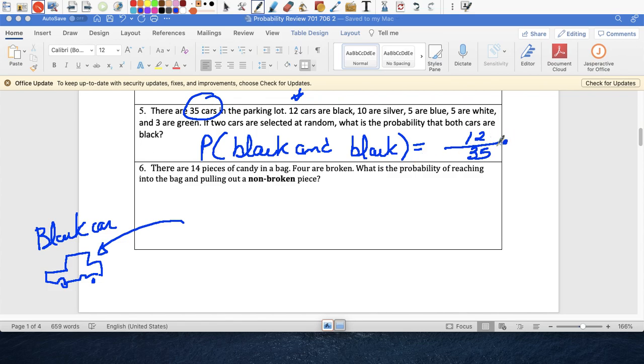And then, remember the word and means multiply, so we take another car, right? We're going to select another black car. Well, if there's 12 cars and you put one on the side, now we have 11 cars. So the second one is going to be 11. And what's the total? 34.